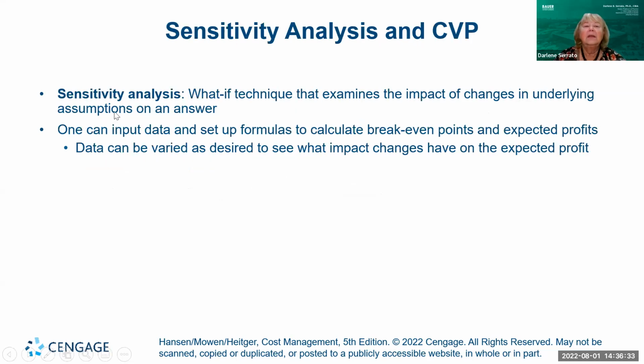Okay, so sensitivity analysis, what if? Try changing one of those variables. We have 5 variables: selling price per unit, variable cost per unit, units sold. Remember, we're assuming production and sales are the same, total fixed cost, and a target profit.